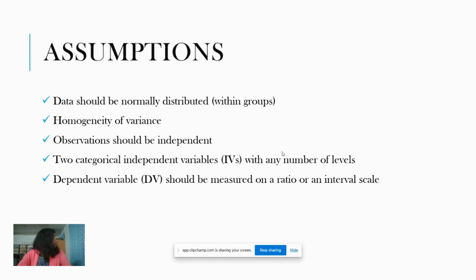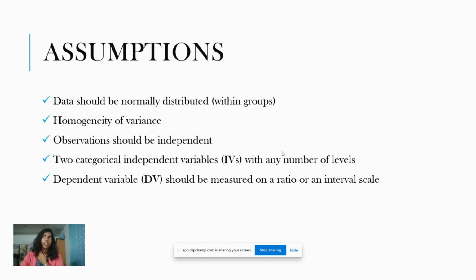Before the experiment, or in the baseline data, both groups should have equal or similar variance. The observations should be independent, because we're talking about independent ANOVA, I mean two independent, unrelated groups, and two categorical independent variables with any number of levels.